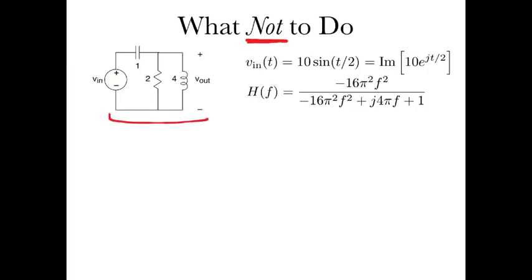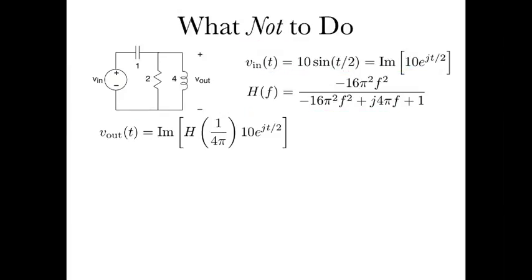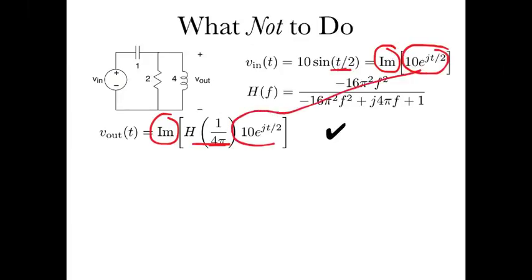We start with a circuit, we know the input, we write it as the imaginary part of something, and we find the transfer function, and we evaluate it at the frequency of the source, and we use imaginary part here, and that's the correct approach. Transfer function evaluated at the frequency of the source, we get that from that formula, times the complex amplitude representing the source along with its complex exponential frequency. We take the imaginary part.